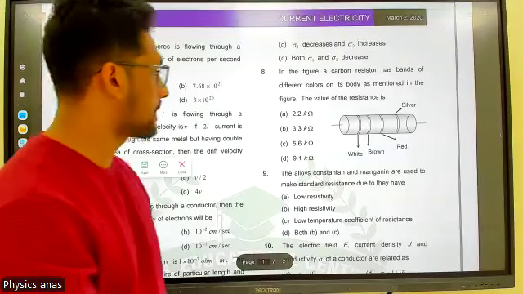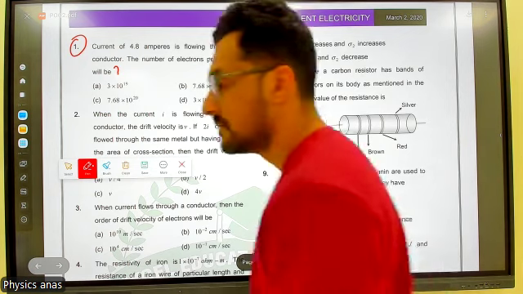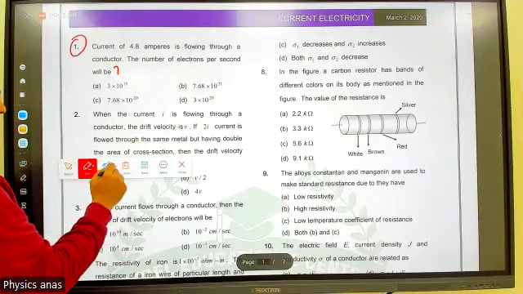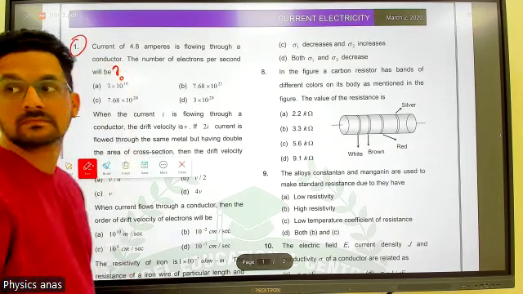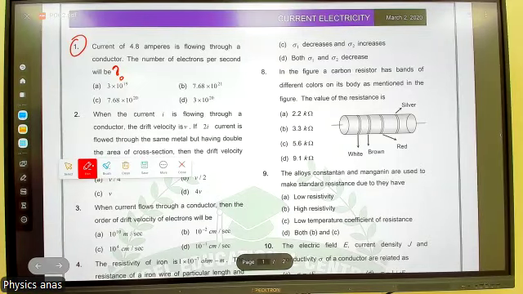I will see that, okay? Got it? 3 into 10 raised to 19, maybe. I'm not remembering the answer. Clear?